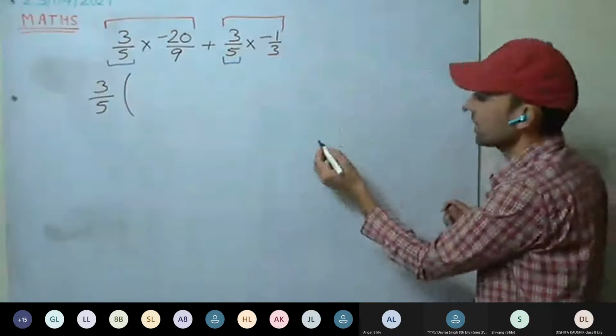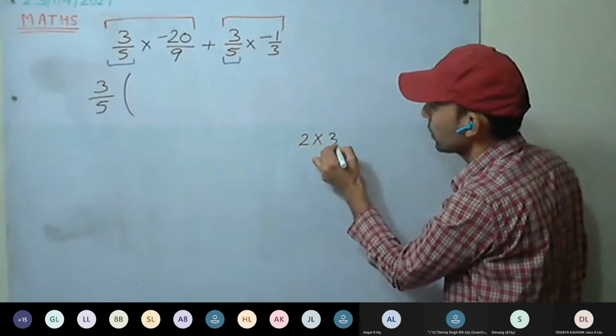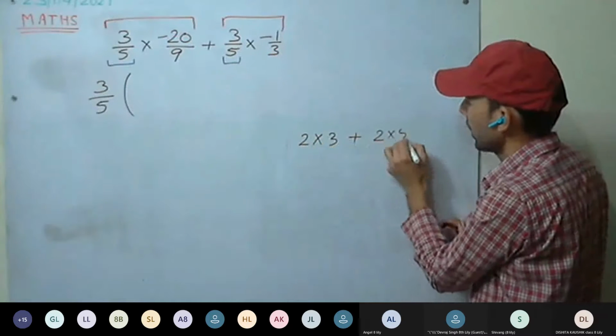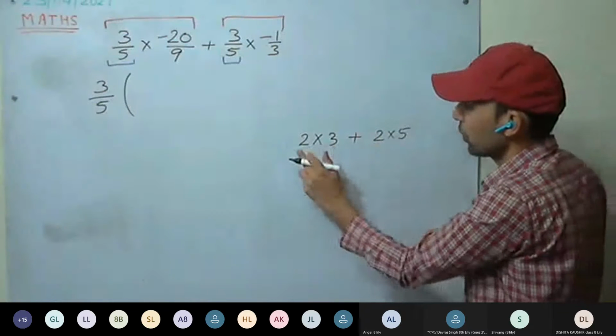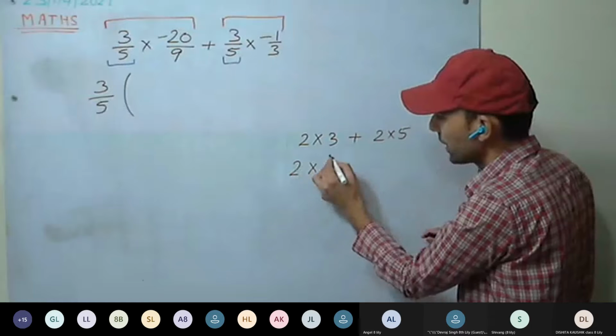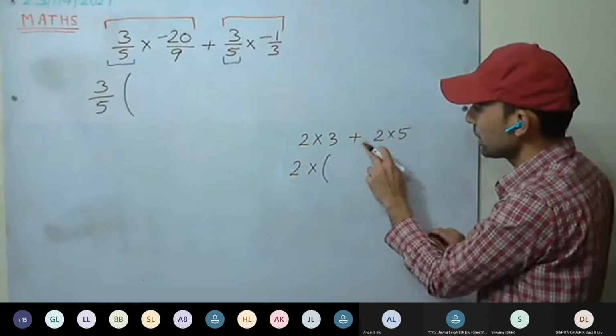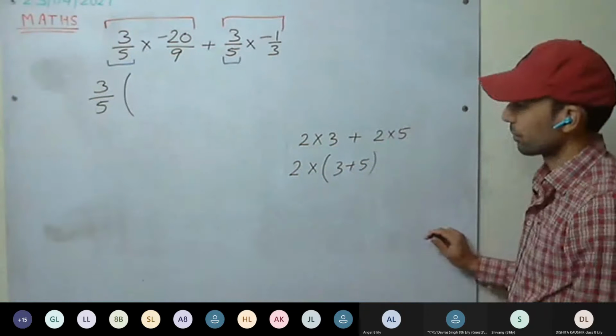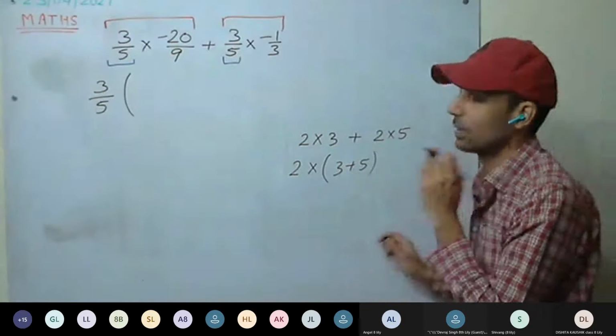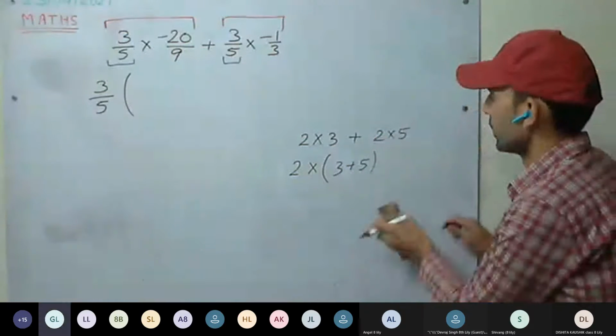It is the same as 2 into 3 plus 2 into 5. Now if we take 2 common out from both, 2 out, multiplication 3 plus 5. Understood?